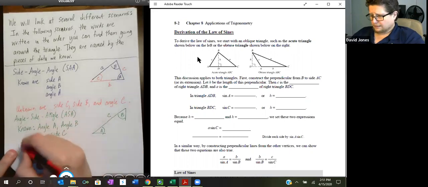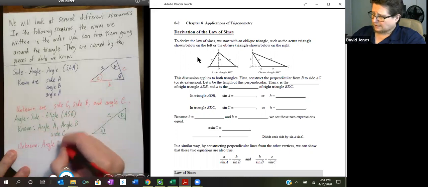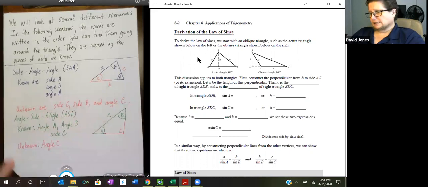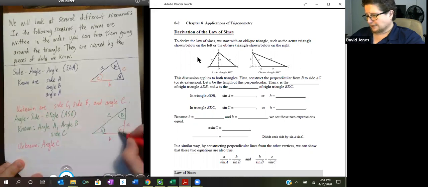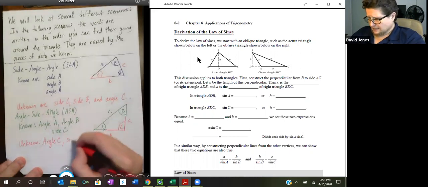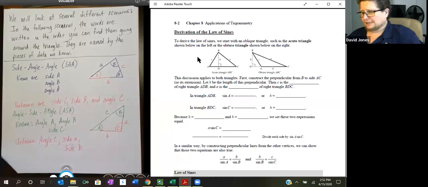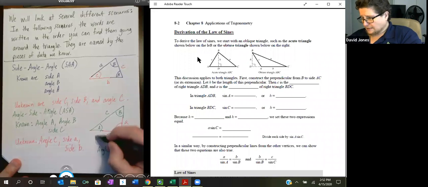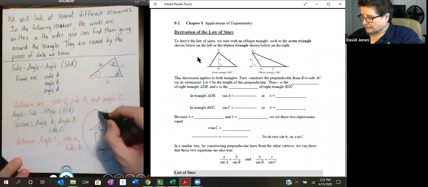Unknown is angle C, which is over here, and we don't know side b or side a. So this is angle, side, angle.